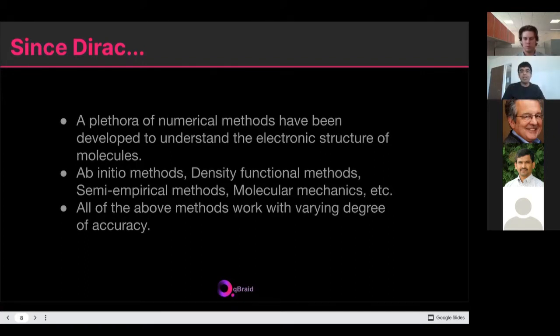These are methods like ab initio methods, density functional methods, semi-empirical methods, molecular mechanics, etc. And all of these methods work with varying degrees of accuracy. So the compute resources which are required scale with the accuracy of the end results, right? If you require more accuracy, then the compute resources which are required go up.